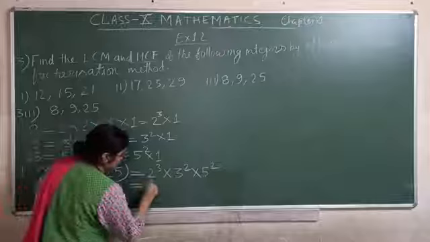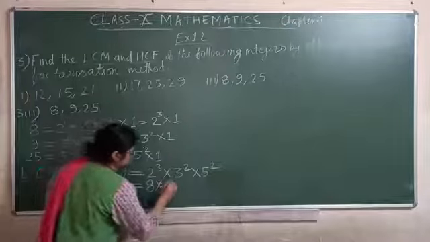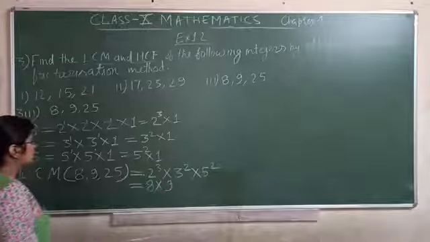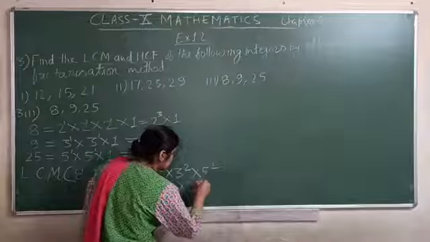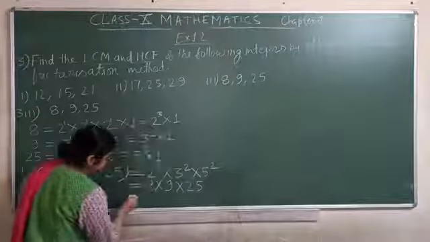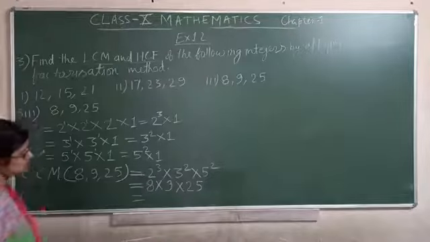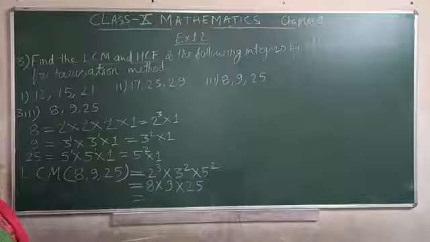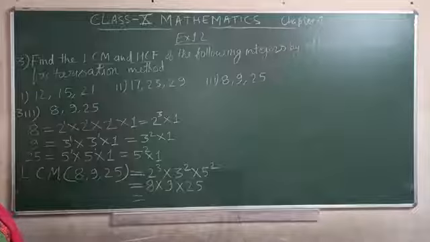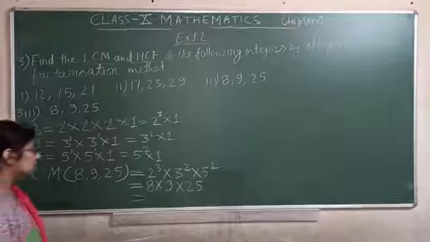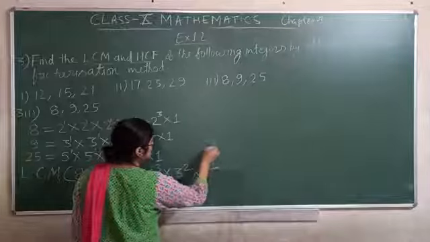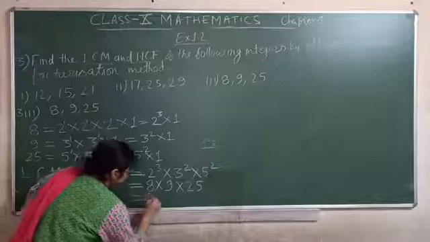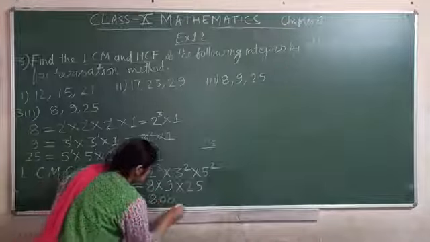So 8 into 9 into 25. 25 times 8 is 200. 200 into 9: 9 times 2 is 18, and 2 zeros here.